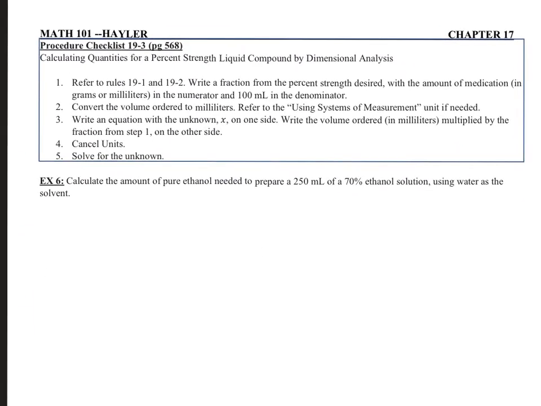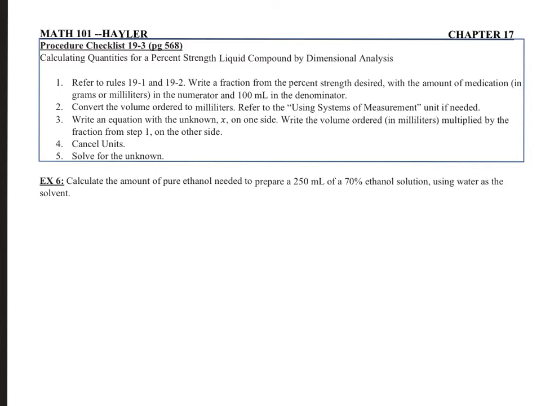Next we have Procedure Checklist 19.3. So once again, we're going to refer to Checklist 19.1 and Rules 19.1 and 19.2 to determine if we're working with a liquid or a solid. And then we're going to write the fraction from the percent strength desired with the amount of medication in grams or milliliters in the numerator and 100 milliliters in the denominator. Once again, we'll convert the volume to milliliters.